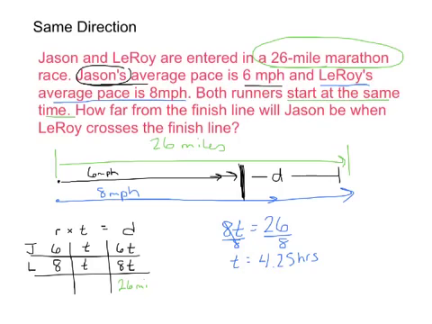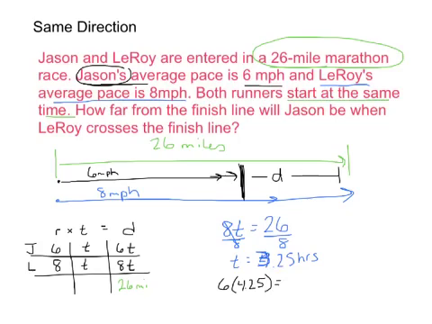This is important to know, because that's the time it takes him to finish the 26 miles. Jason, at that point, if he's traveling for the same amount of time, will travel 6 times 4.25. I'm sorry, this should end up being 3.25 hours, if I can do my math right.